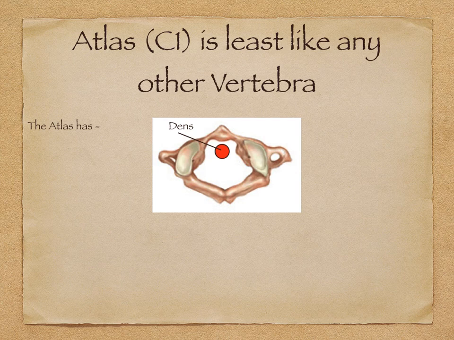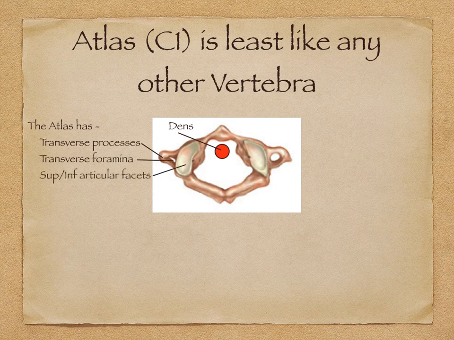Now, the other thing about the atlas is it's least like all the other vertebrae in the column. Some of the parts it does have: it does have a transverse process. You do see the little transverse foramina there. It's got superior and inferior articular facets and processes. They face up and down. It has a vertebral foramen.